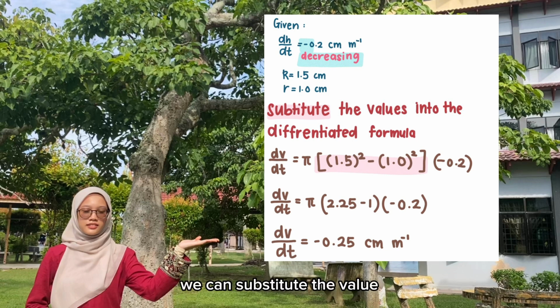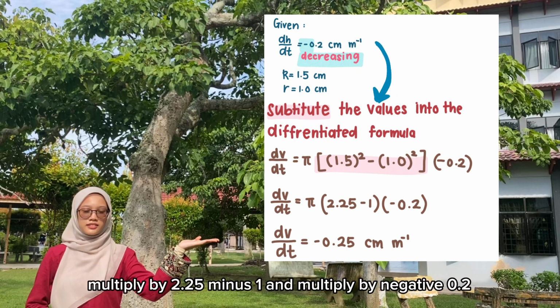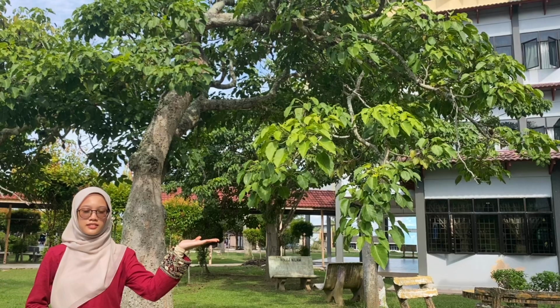Now we can substitute the given values into the differentiated formula. dV over dt equals pi multiplied by 1.5 squared minus 1 squared, multiplied by negative 0.2. After that, we get dV over dt equals pi multiplied by 2.25 minus 1, multiplied by negative 0.2. The answer is negative 0.25 pi.